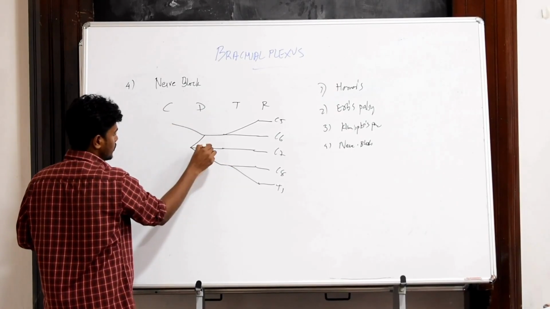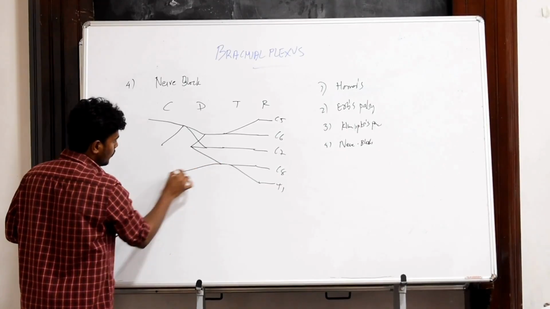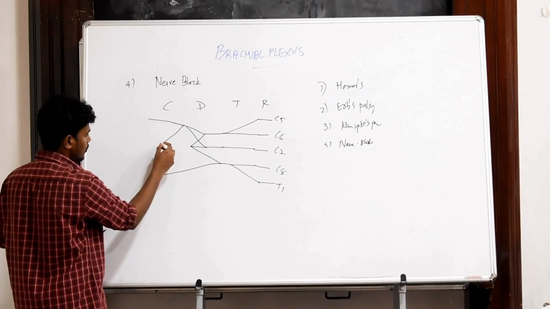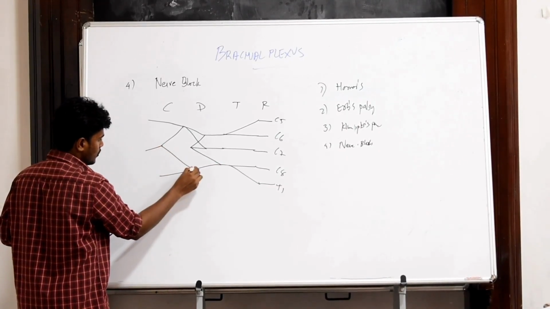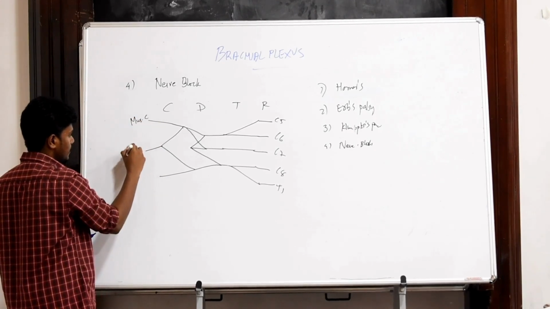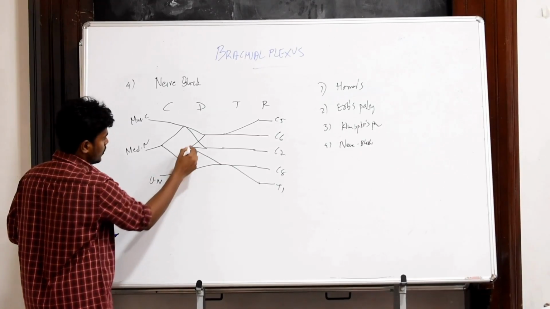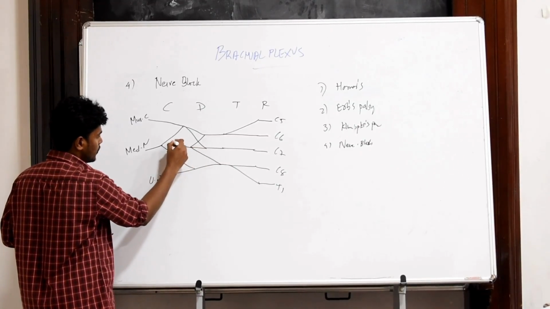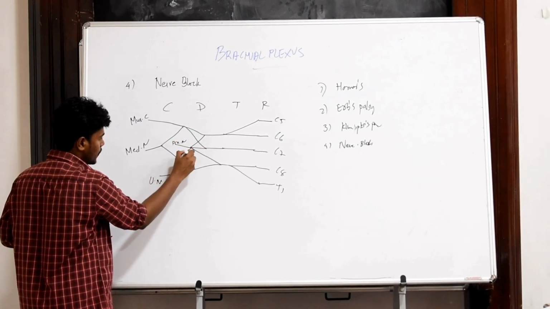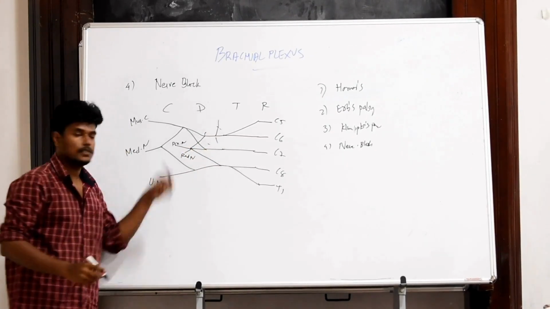Then the anterior divisions unite to form the lateral cord and the medial cord. This is the musculocutaneous nerve, this is the median nerve, and this is the ulnar nerve. This will be the posterior cord with the axillary nerve and radial nerve, related to the X point. And this is all about the brachial plexus.